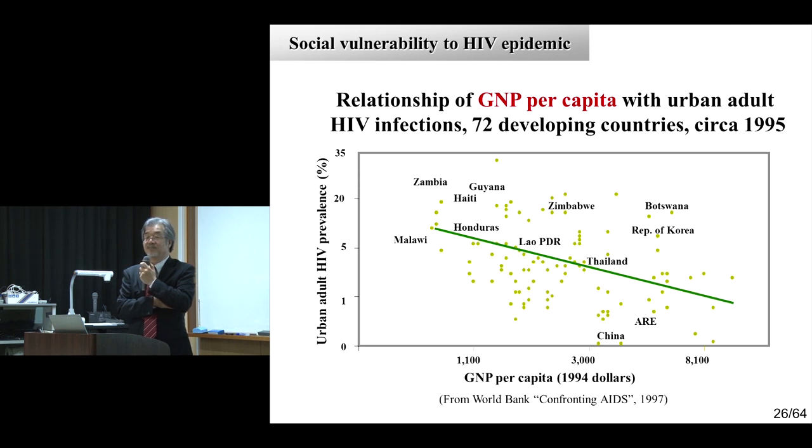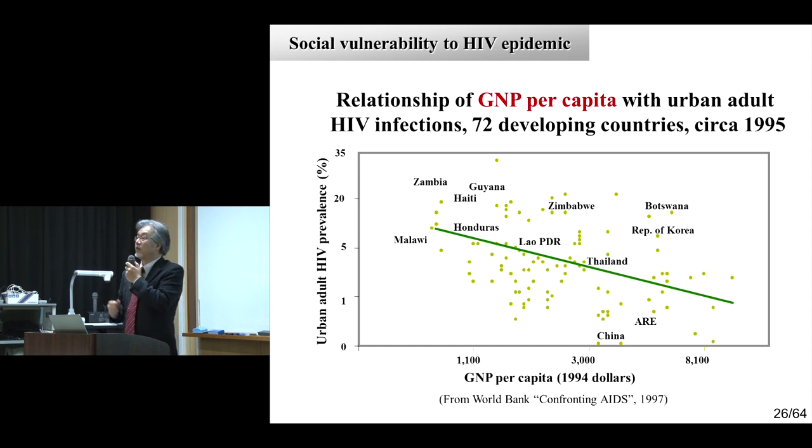Maybe the countries with lower GNP per capita, maybe infrastructure and environment. Yeah, if the answer is health-related environment or infrastructure is poor in the poorer countries, that's true. That may, in many ways, affect that people get HIV infection more easily.